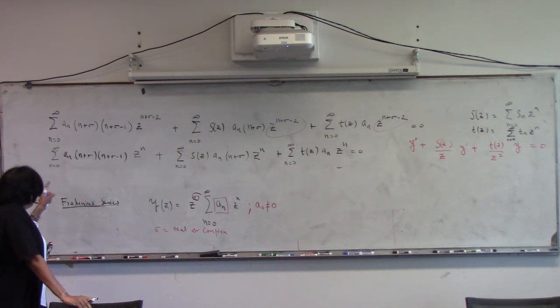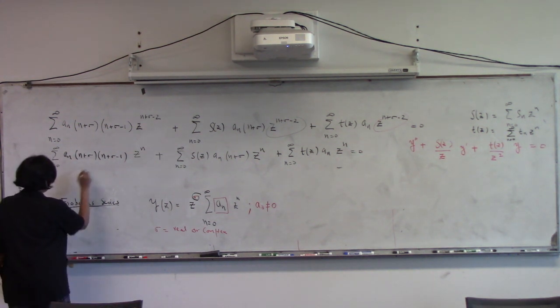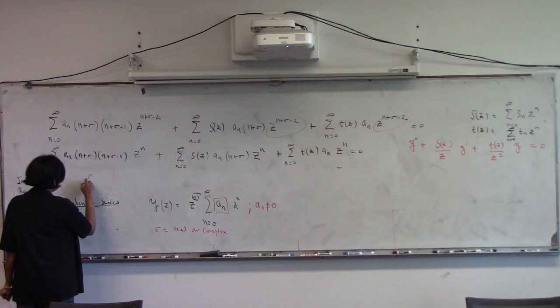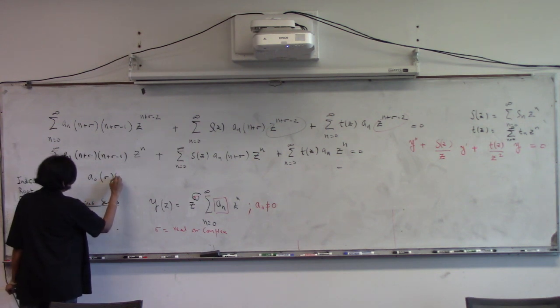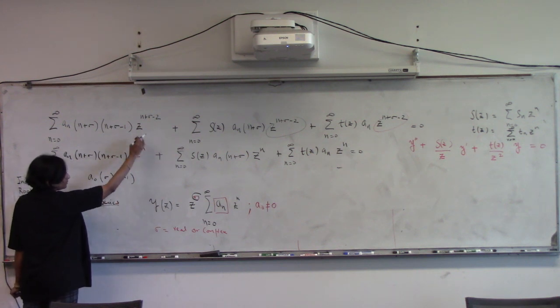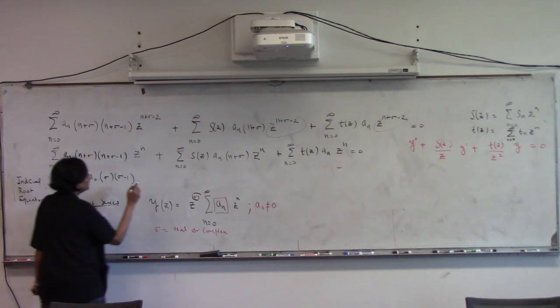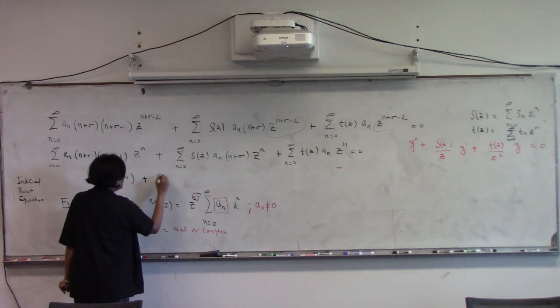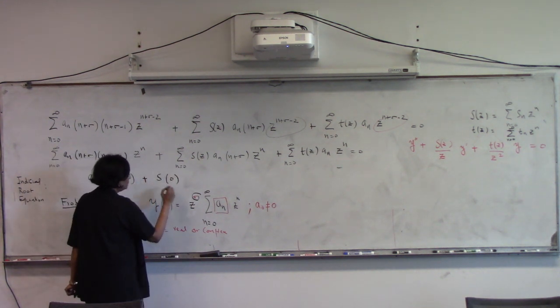So let us look at the lowest term here, n equal to 0, and also z equal to 0. For n equal to 0, what happens to this term? A0 sigma times sigma minus 1, z to the power 0 is 1, plus S of 0.